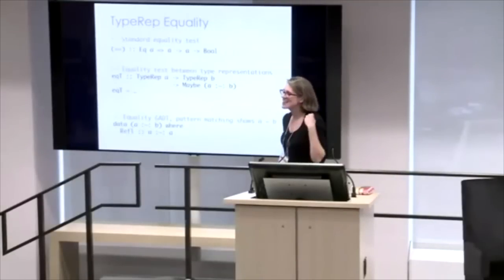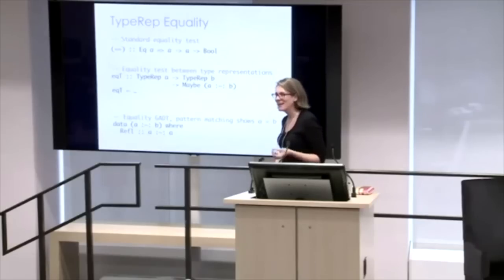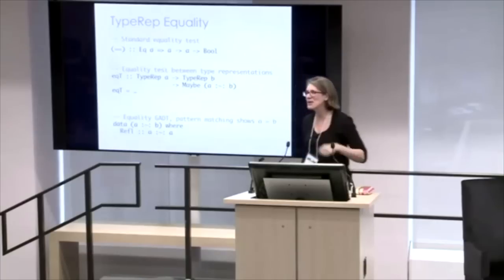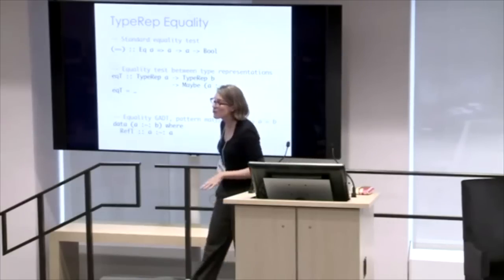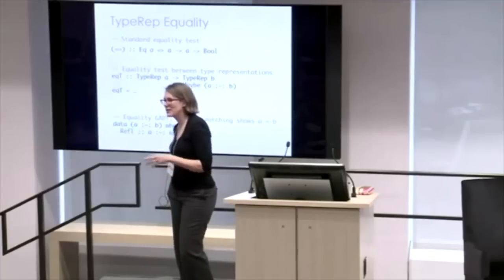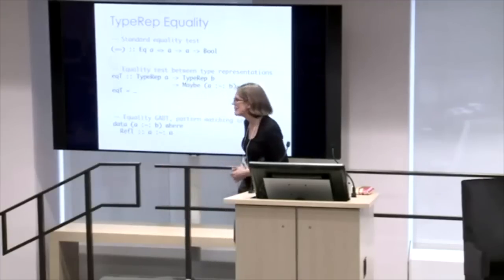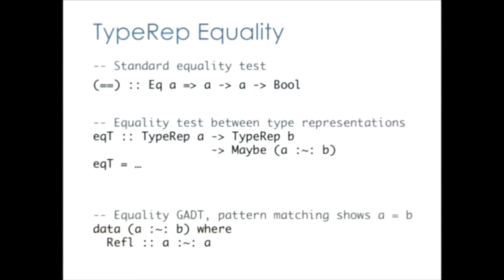So we talked about creating Typeables and type representations. How can we use type representations? We want to be able to use type representations in informative ways, so that we can compare them. Here I'm just reminding you that the normal equals requires its arguments to have the same type.